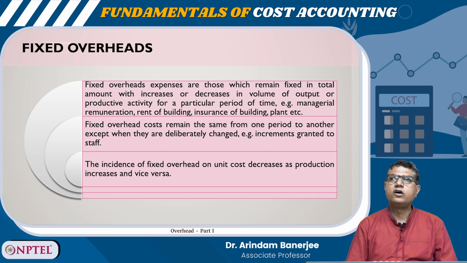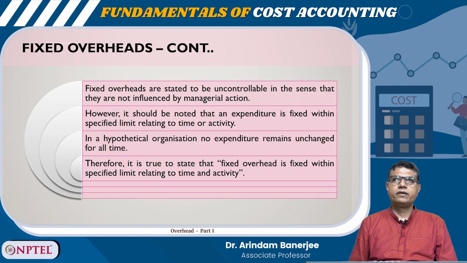The fixed overhead costs remain the same from one period to another, except when they are deliberately changed, that is, increments granted to staff. The incidence of fixed overhead on unit cost decreases as production increases and vice versa. Okay.